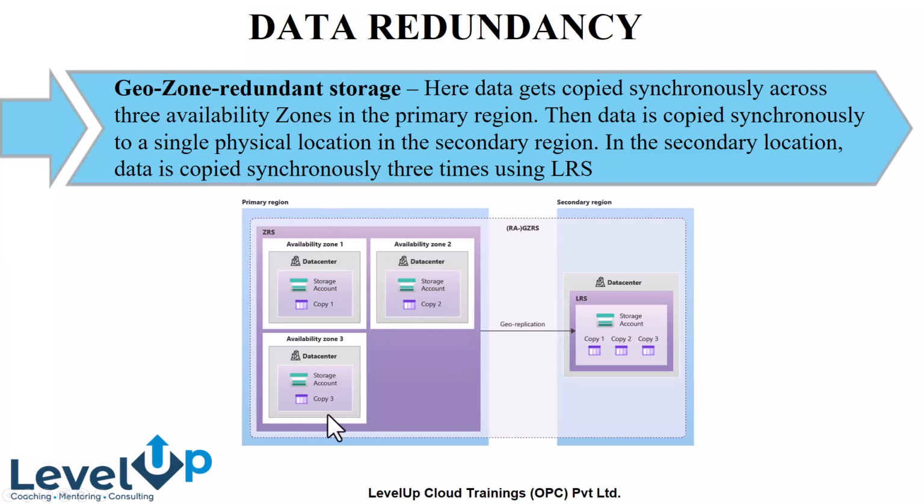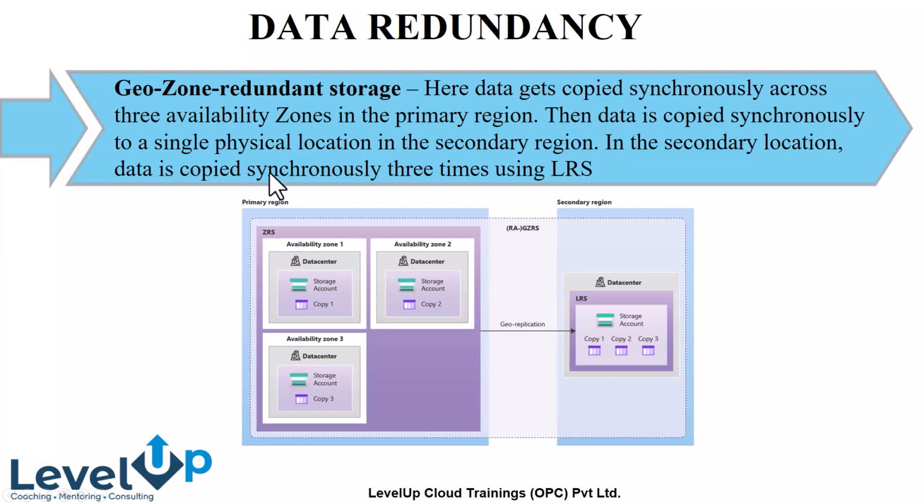Now, on the primary, it is ZRS. That means data is stored in three zones. And on the remote, it is stored in one data center. Here data gets copied synchronously across three availability zones in the primary region. The data is copied to a physical location in a secondary region.